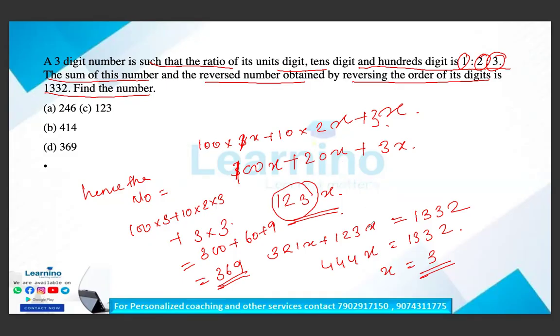So 444x equal to 1332, x equal to 3. Substituting the values, 100 into 3 plus 10 into 2 into 3 plus 3 into 3. So 369 is the answer.